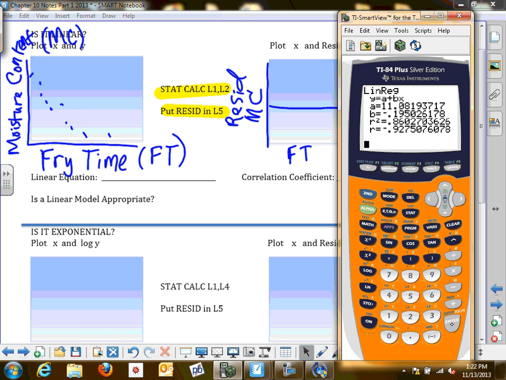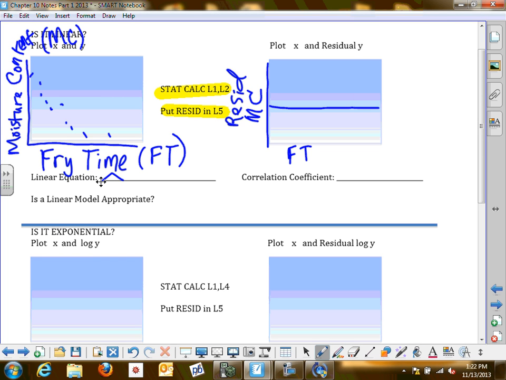So we're going to write that. And this is predicted what? Good. It's predicted moisture content. Okay? So we've got predicted moisture content is 11.08 minus 0.195 times fry time.